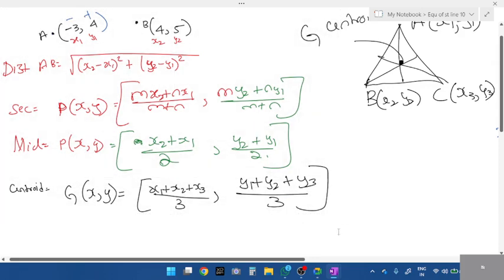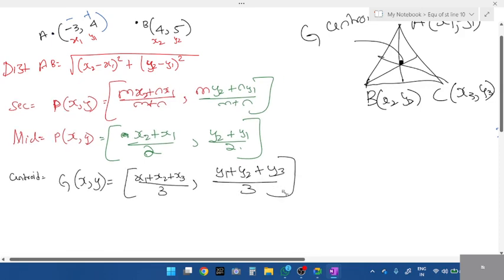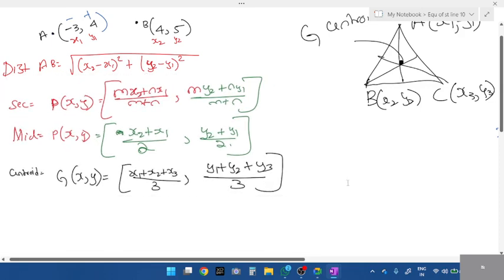Get a separate book. This will be the last time I give formulas, because at the last moment you are struggling. When I taught you AP, arithmetic progression, you forgot the formula. Some students don't even remember the quadratic formula, and you give wrong answers. The problem is you are very lazy to write the formulas.